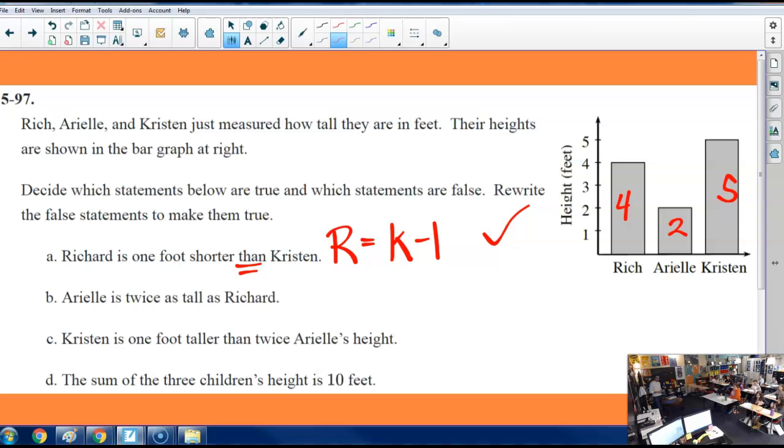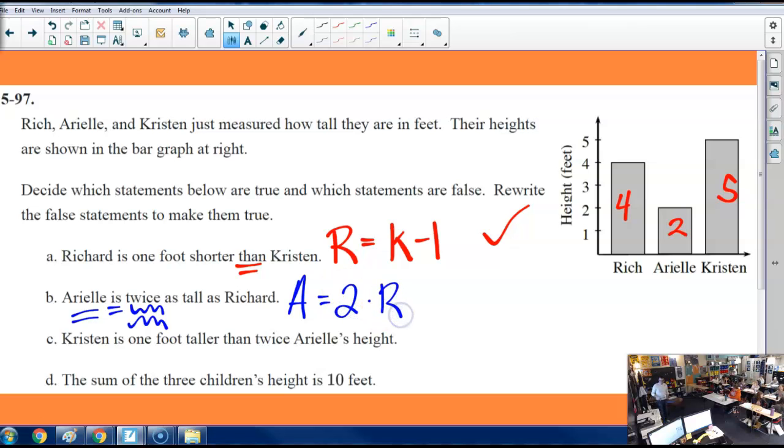Toby, what about B? Ariel is twice as tall as Richard. Well, you see, Richard is 4 feet tall, and Ariel is 2 feet tall. Twice as tall would mean times 2, which would be bigger than Richard, which is not true, because she's 2 feet tall.